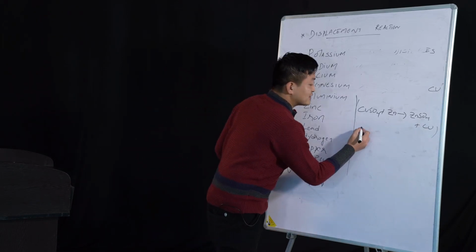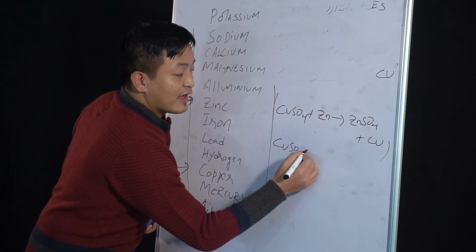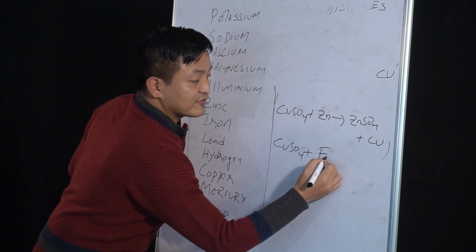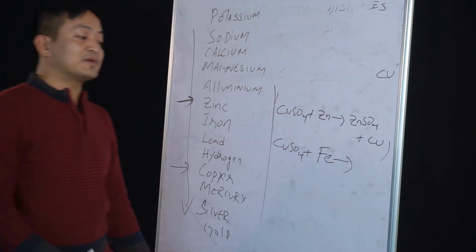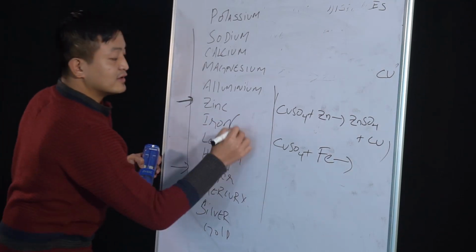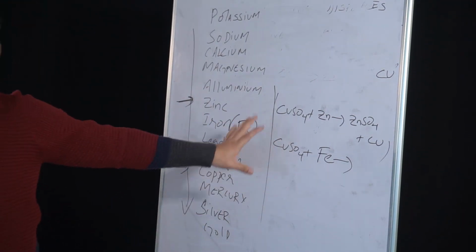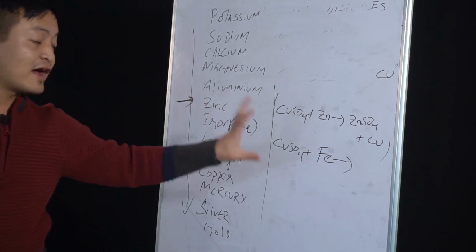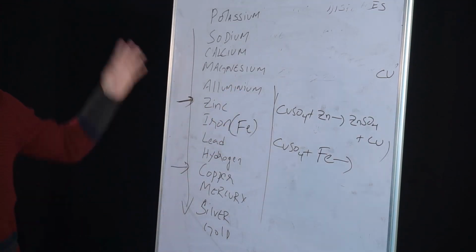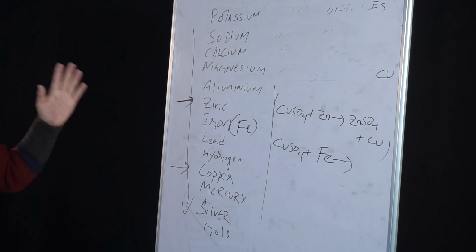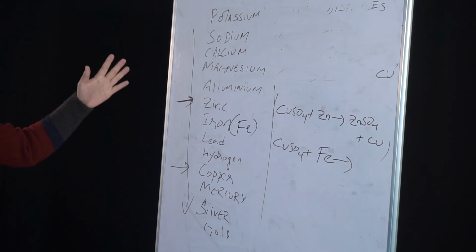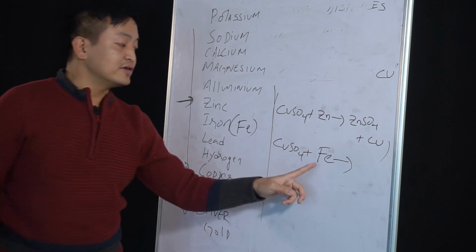Another example, let me give you copper sulfate and Fe. Fe is the chemical symbol for iron. So what will be the result if copper sulfate reacts with iron? Let's check from the reactivity series which one is more reactive, either iron or copper.